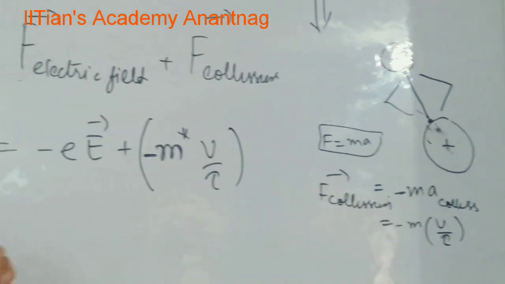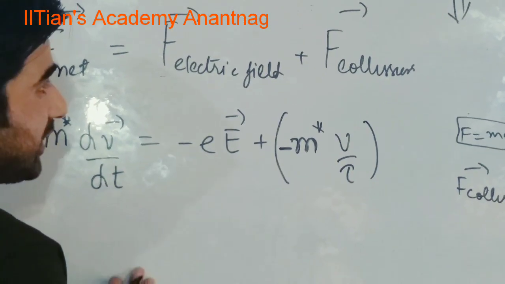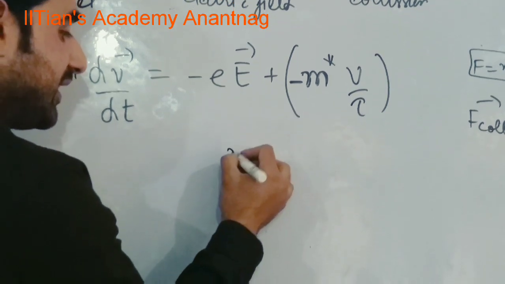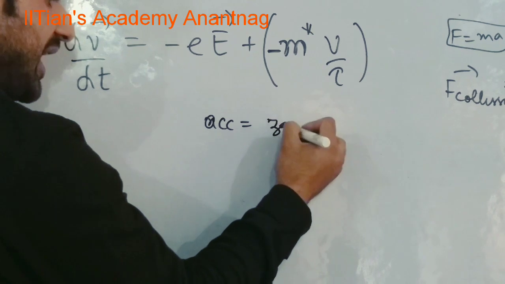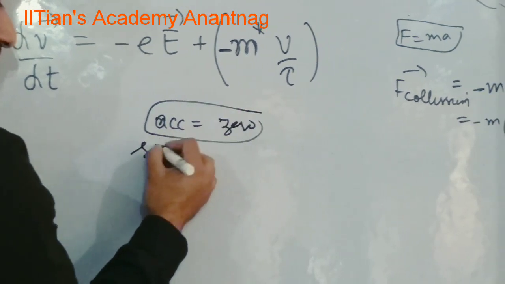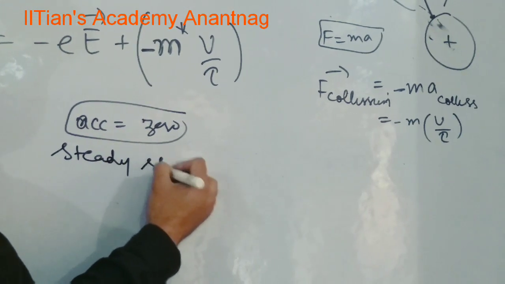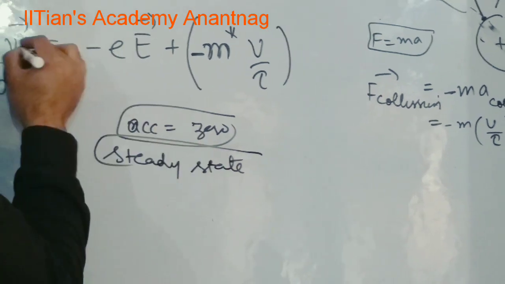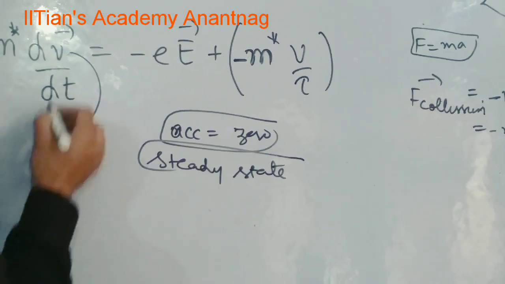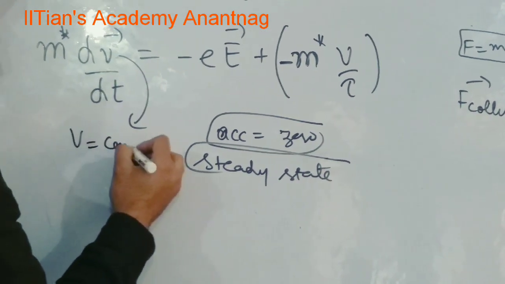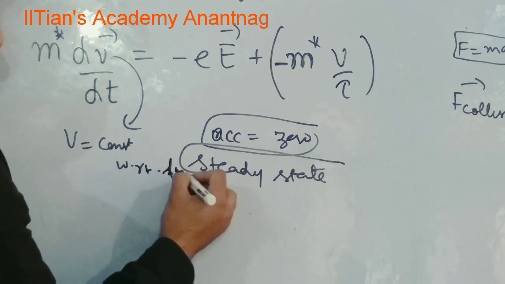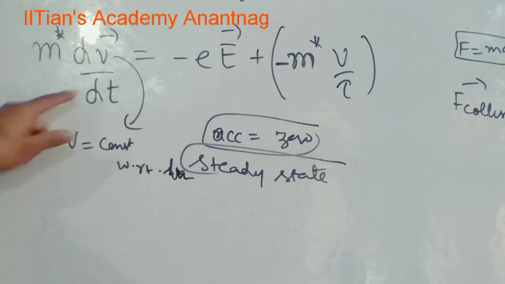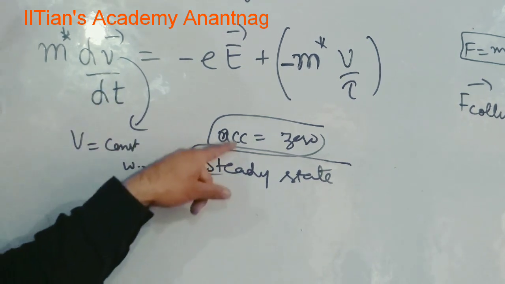Now I said in electric current or current electricity, net acceleration of the electron is going to be zero. That is what we call steady state. In steady state, I can assume that this V is constant with respect to time. Now, since velocity is constant with respect to time, there is no net acceleration.